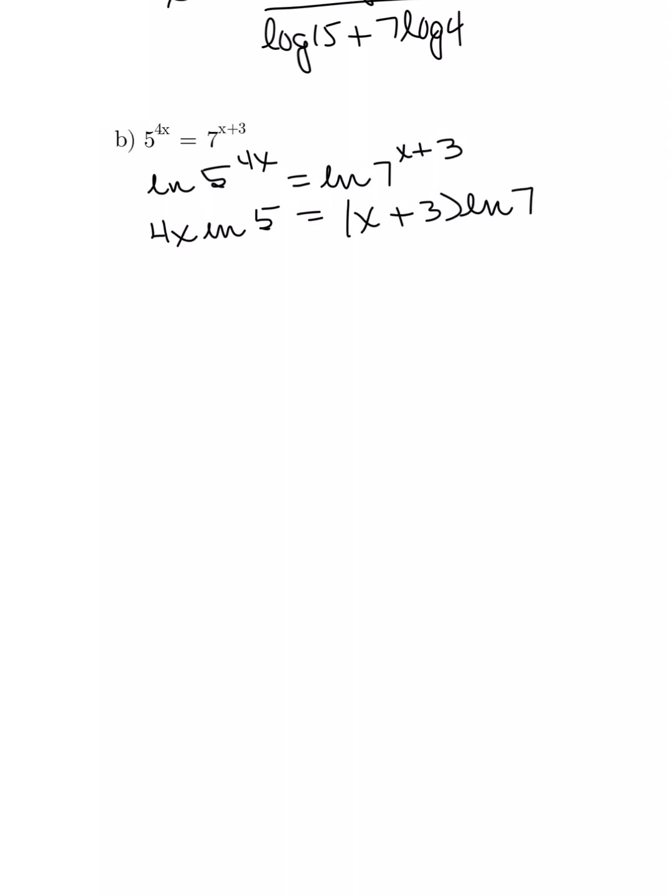Anytime you have a quantity as your power, you're going to have to distribute on your next step. Left side stays the 4x natural log of 5 equals, distributing on the right side will give me x times the natural log of 7 plus 3 times the natural log of 7.